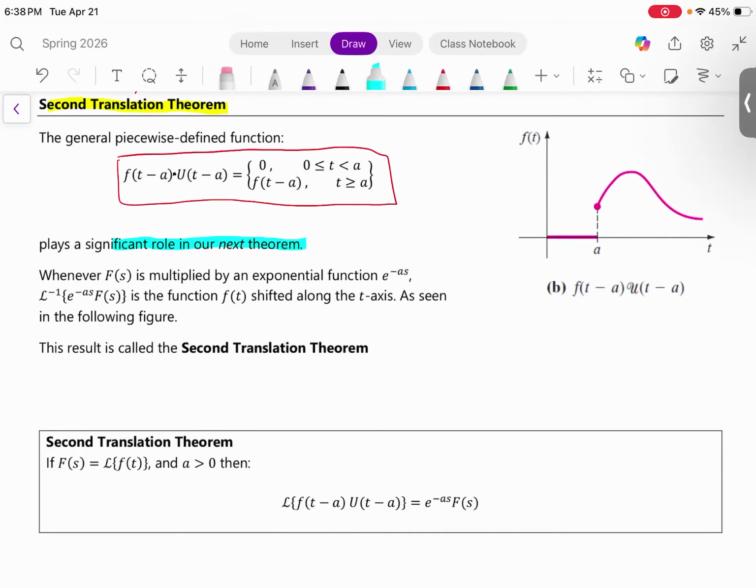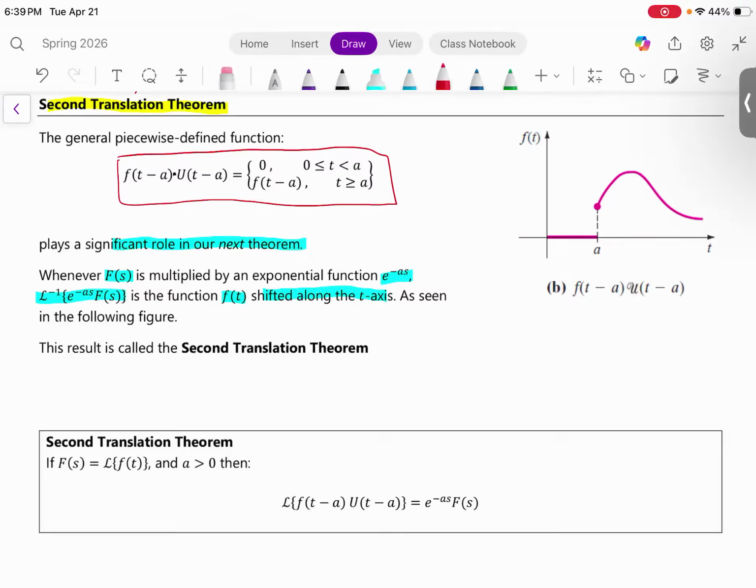Because wherever the Laplace F of s is multiplied by an exponential function e to the negative as, the inverse Laplace of that product, inverse Laplace of e to the negative as F of s, is a function f of t shifted along the t-axis, which is in this figure right here.